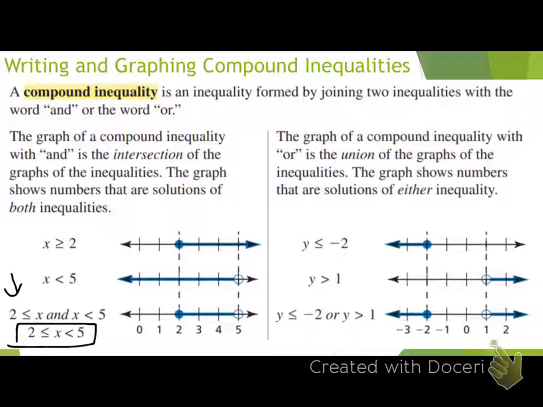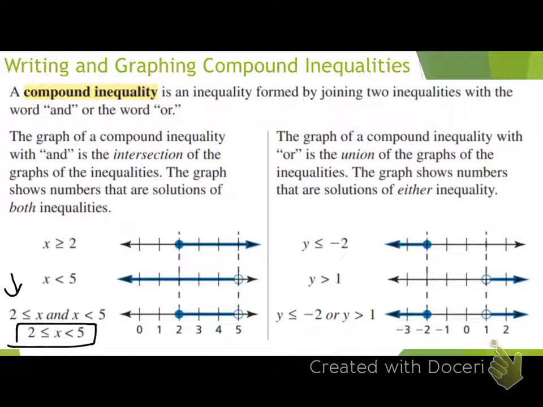So it's saying 2 is less than or equal to x, and x is less than 5. So they just combine those by saying 2 is less than or equal to x, which is less than 5 as well. Okay? So anytime you see it written like this in the box, that's always an and compound inequality. The or will never be written like that. Okay? Are there any questions about my and compound inequalities?